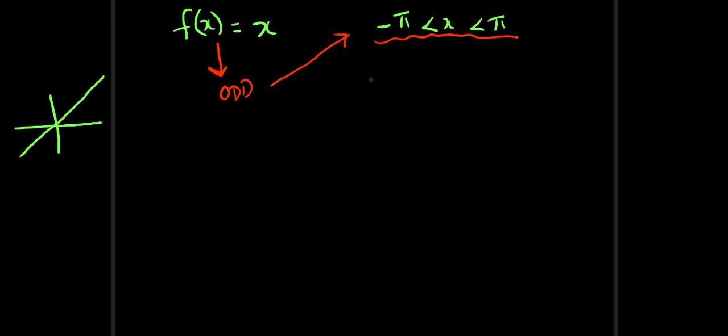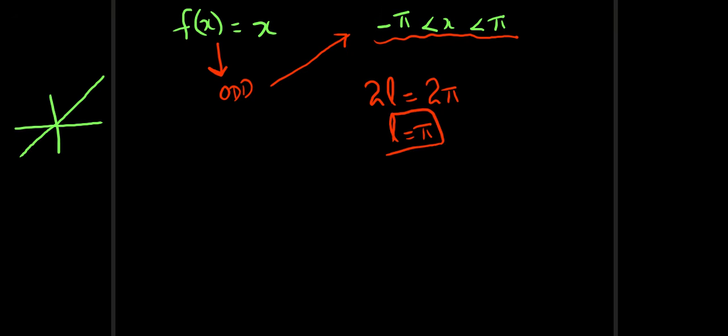As always, the first thing to write is the length. So 2L will be... how do you find the length? The final point minus initial point. And we are going to get 2 pi, so L will be equal to pi.